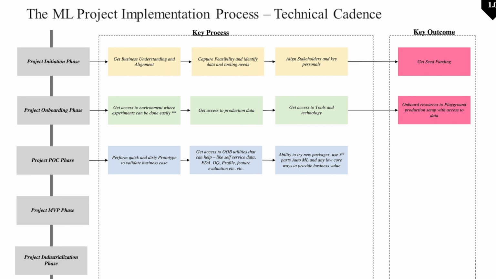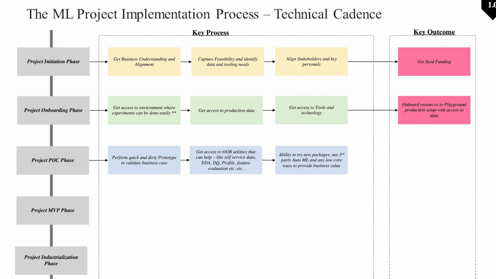So what entices the entire POC phase is the ability to do quick prototyping, quick business validation, quick feasibility study, whatever out-of-the-box capabilities are available for self-service, EDAs, data quality, profile evaluation. Again, the idea is low-code, no-code. Ability to perform auto-ML, because we are not talking about the accuracy yet.